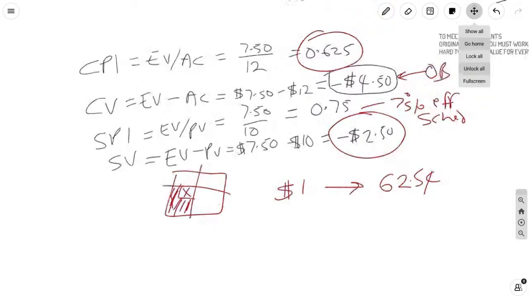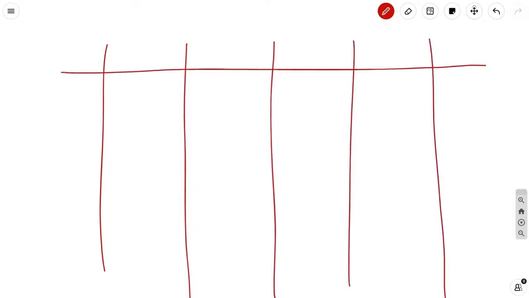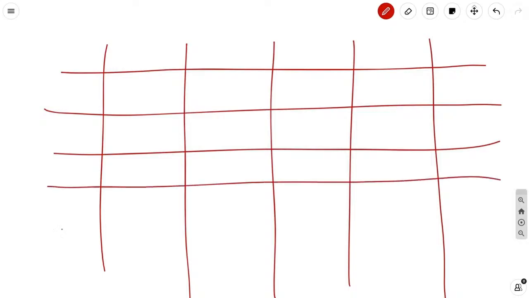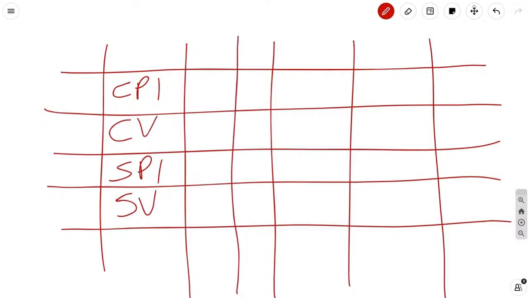So let's create a table real quick here. 4 lines. 1, 2, 3, 4. Okay. And the way I like to think about this, I like putting cost together and schedule together and earned value. Let's actually make it a few more. This is going to make it easier for you.